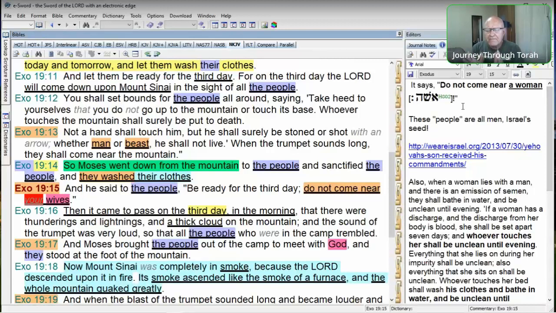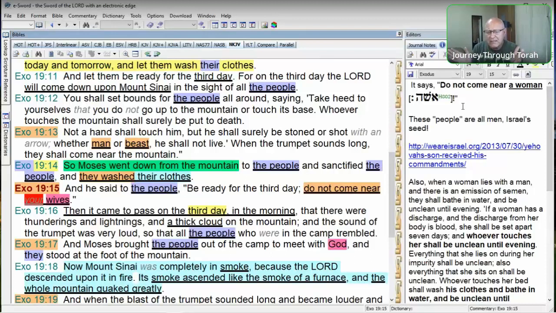These commandments are being given to those men who came out from Egypt after they partook of the Passover and became B'nai Israel, Israel's seed. Again, they covered up children of Israel, sons of Israel. Sons is better. It's not right.